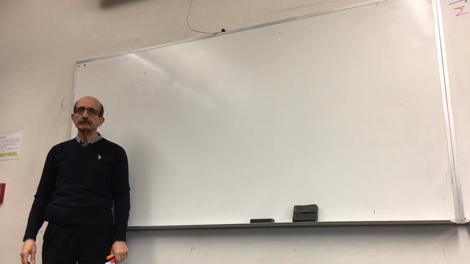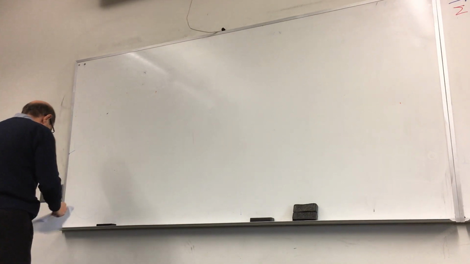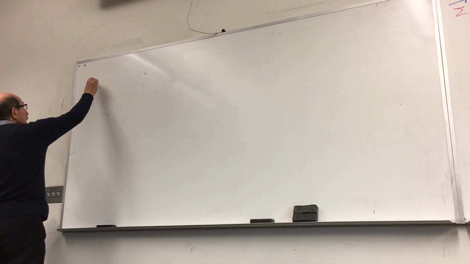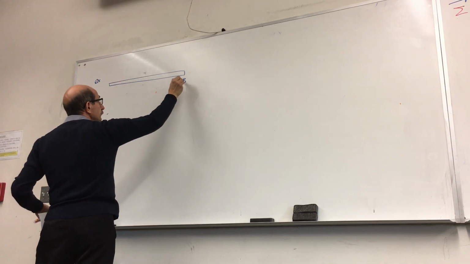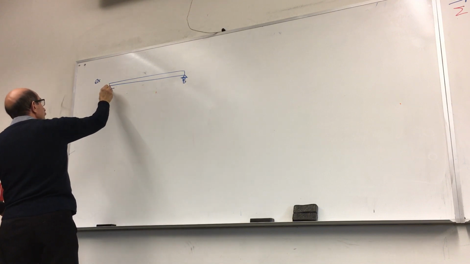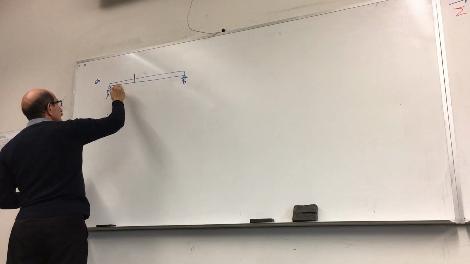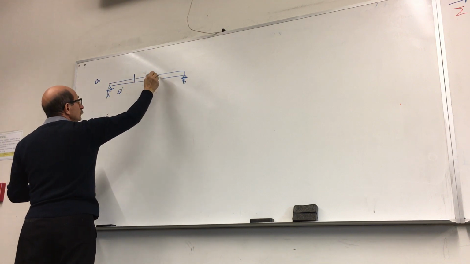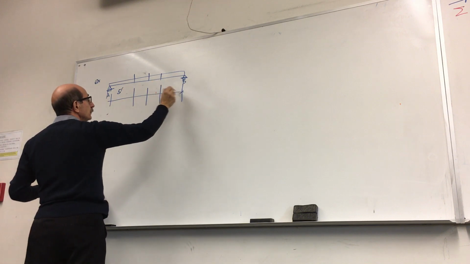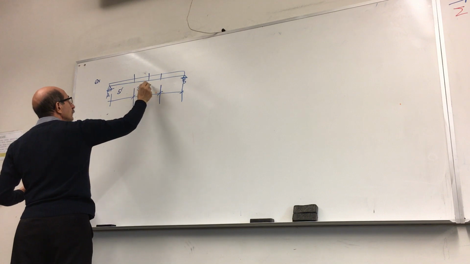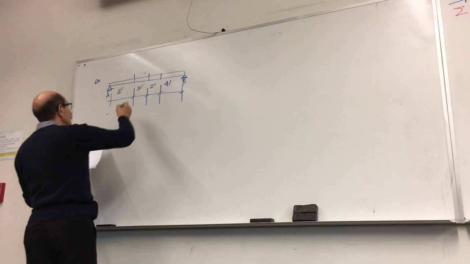Any other questions? Let me do another problem, and this would be also interesting. Let's say you have a beam again, AB, and these dimensions are given: 5 feet, 3 feet, 2 feet, 4 feet. And several loads are acting on this structure.